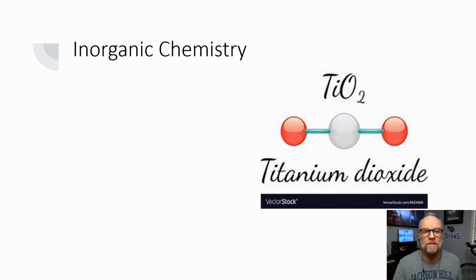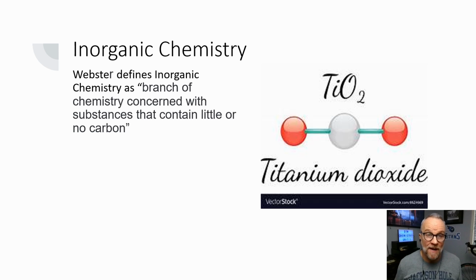Inorganic chemistry. Webster defines it as a branch of chemistry concerned with substances that contain little or no carbon. I always find that a little tough to get my hands around. I hate having a definition that tells you what it's not about, but really organic chemistry has long chain carbon molecules, and it involves things like polymers and plastics, and we'll talk a little bit more about that later.